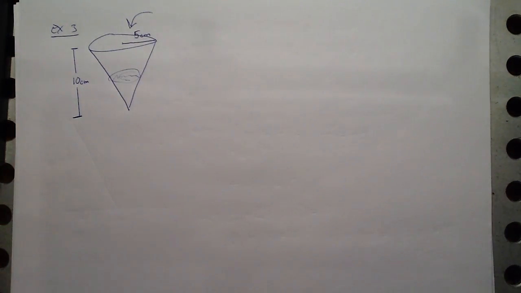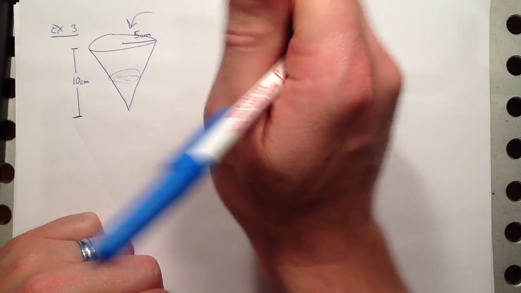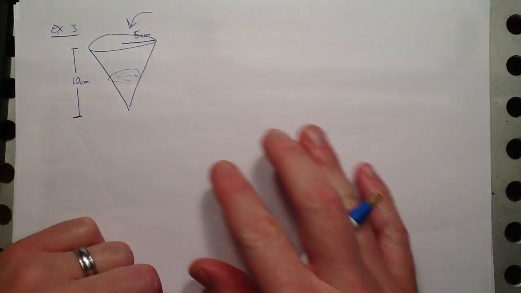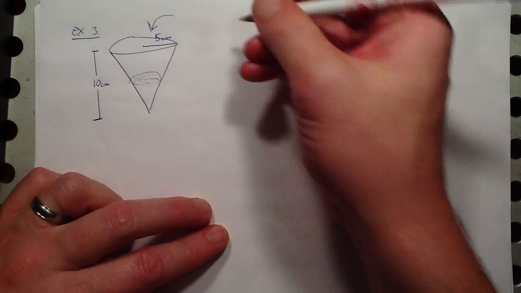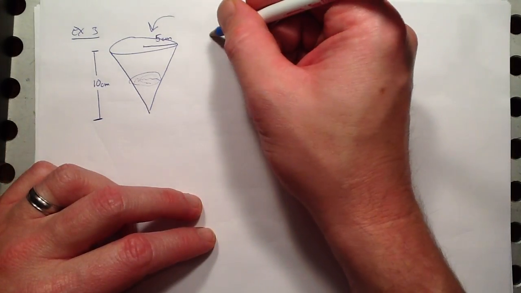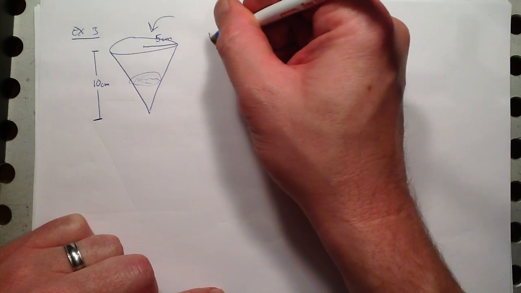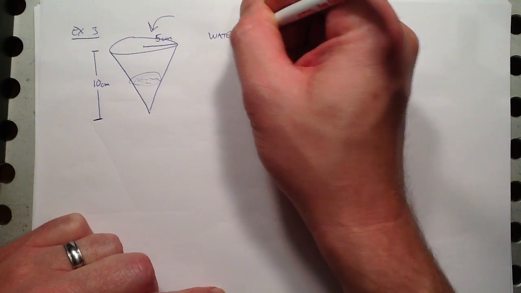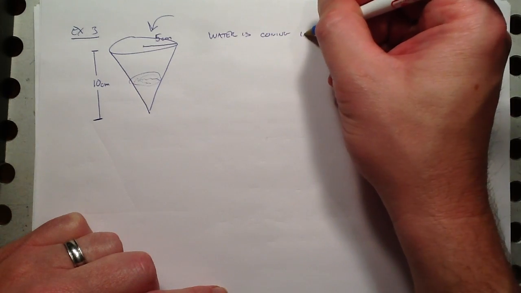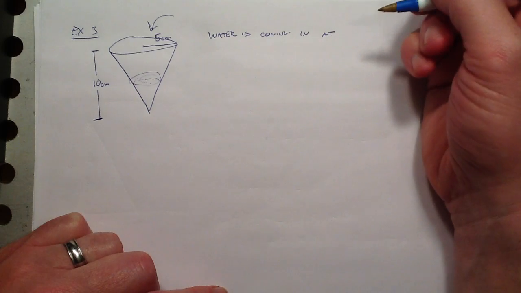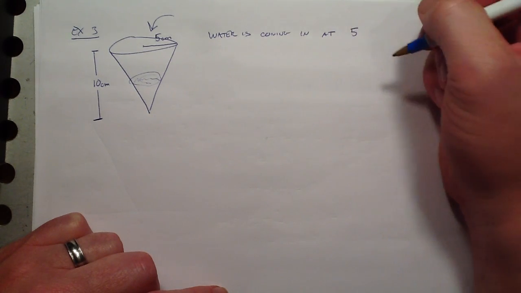Well, I think if you think about this problem for a minute, when you turn the water cooler on or you open up the little valve and water starts coming in, it comes in at a constant rate, right? So we might know, for example, if we had measured that flow rate, that water is coming in at, let's say 5, what would the units be?